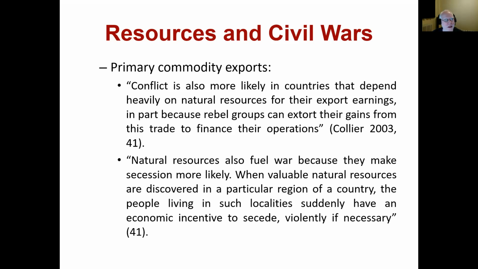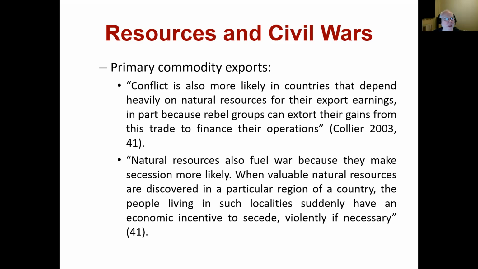In a service economy, this is less likely to be possible, but in a primary commodity economy where you're exporting oil, minerals, lumber, if you control the rural region, then you're possibly able to extract those resources. Natural resources can also fuel secessionist desires if a particularly valuable natural resource is located within a particular region. That region may desire to secede so that it doesn't have to share the gains from that resource.